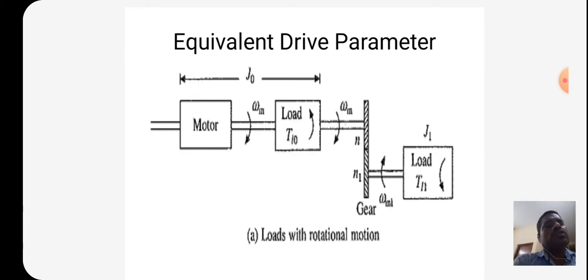Now omega m1 and TL1 are the speed and torque of the load coupled through the gear.